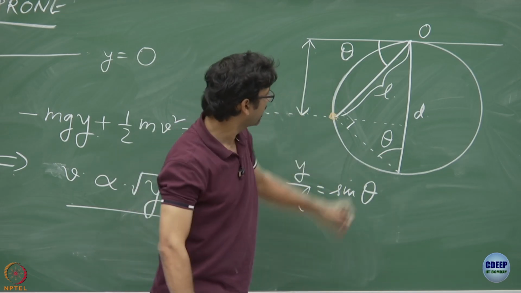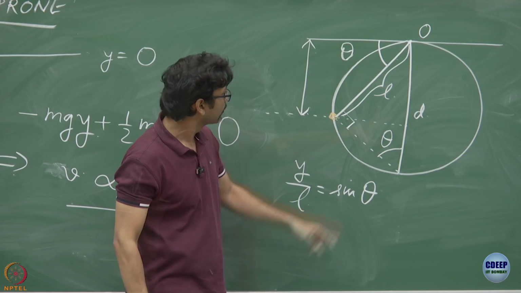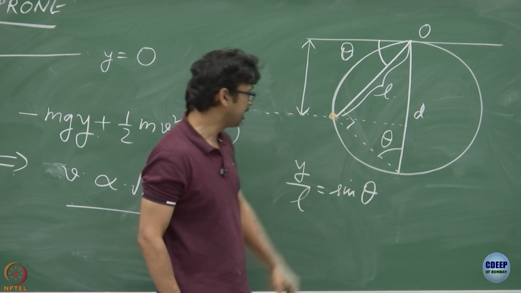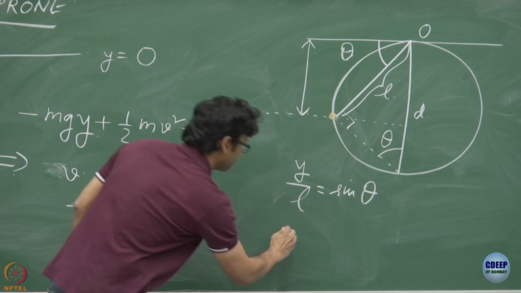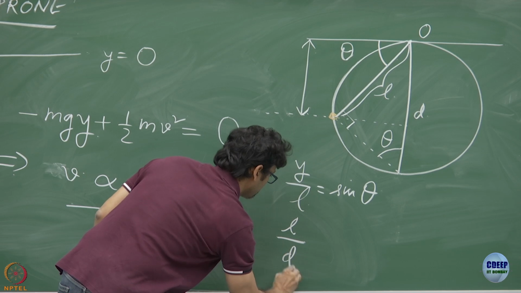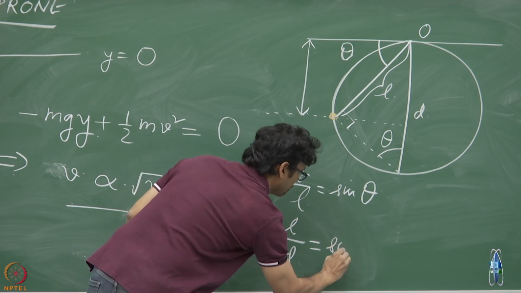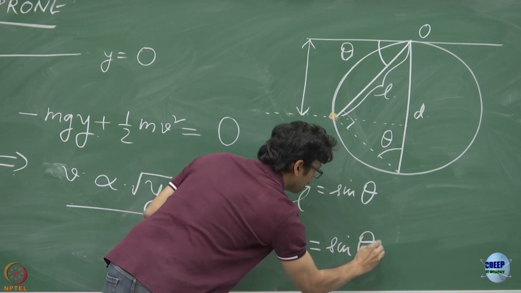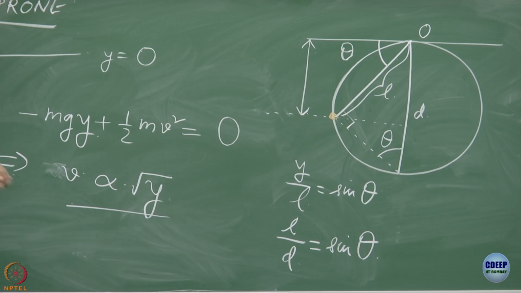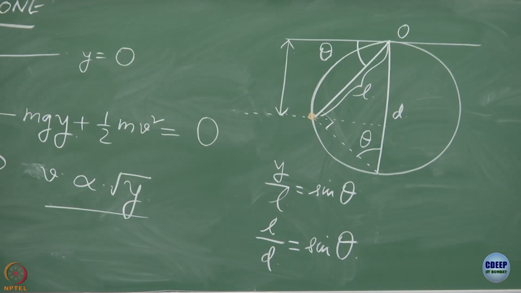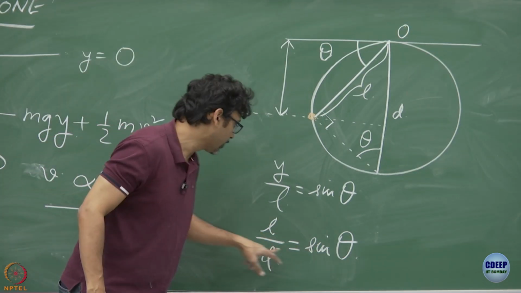Looking at this big triangle here, what else is sine theta? L upon D, isn't it? Based on this, what can you say? D is equal to L by sine theta.